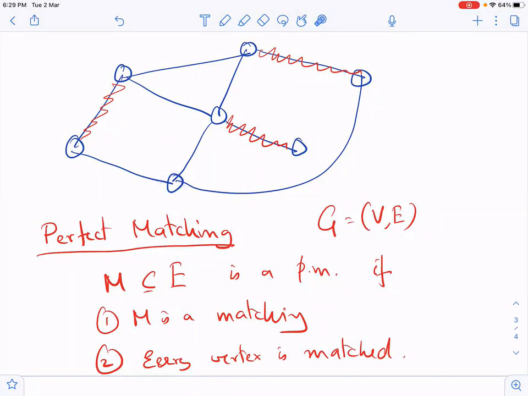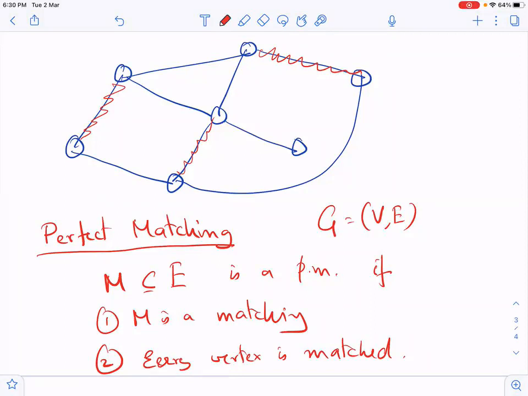But does it mean that it doesn't have a perfect matching? Maybe I can do something clever, like assign this one, or maybe some other matching will give a perfect matching. So does this graph have a perfect matching? There's an odd number of vertices, so it can't be. Wonderful. It has an odd number of vertices, so it cannot be. Right? Good.